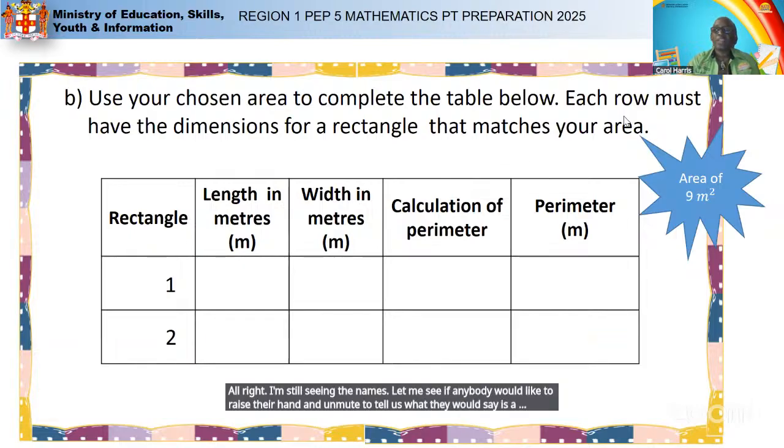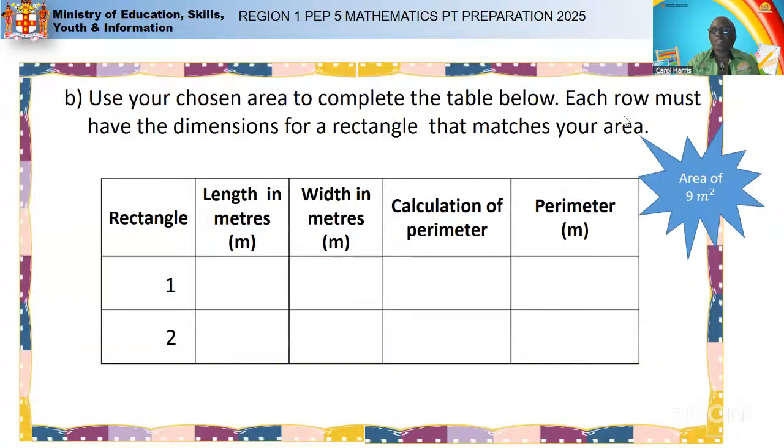All right, go ahead, Arisa. What would you suggest as one of the rectangles? Arisa, we're asking you to unmute. There are several devices there, and so we're getting feedback. We will move on from Arisa.